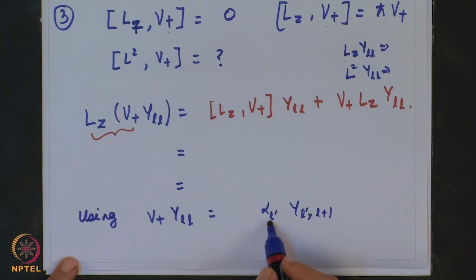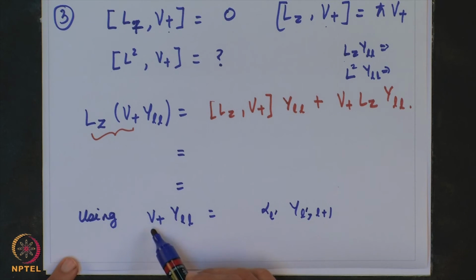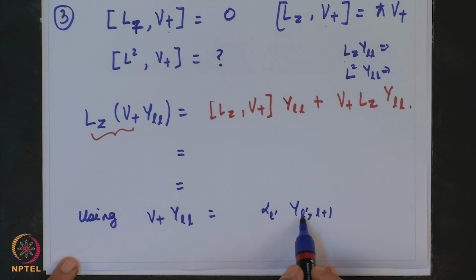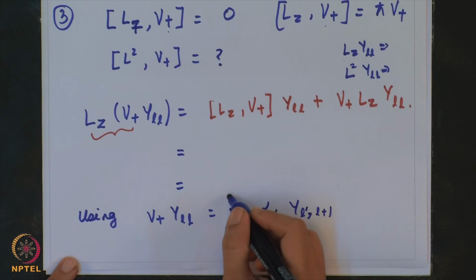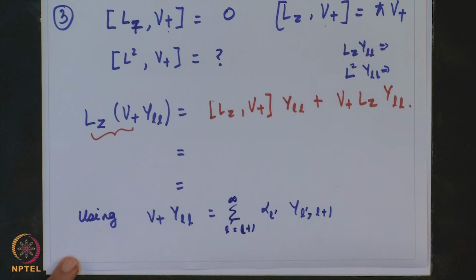So, we assume that it is not a trivial operator and it may change L to L plus 1 or more. Using this hint you can evaluate the second part of the relation that you have to obtain.